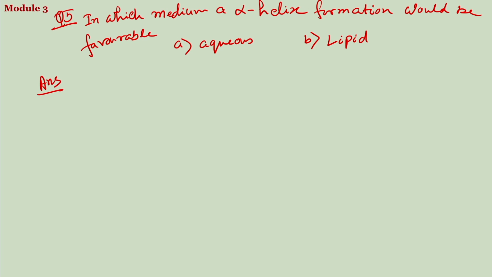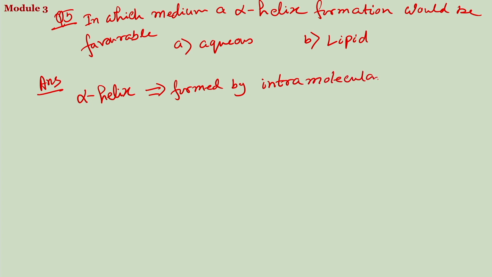So, when we talk about alpha helix, how is it formed? Alpha helix is formed by intramolecular interactions.